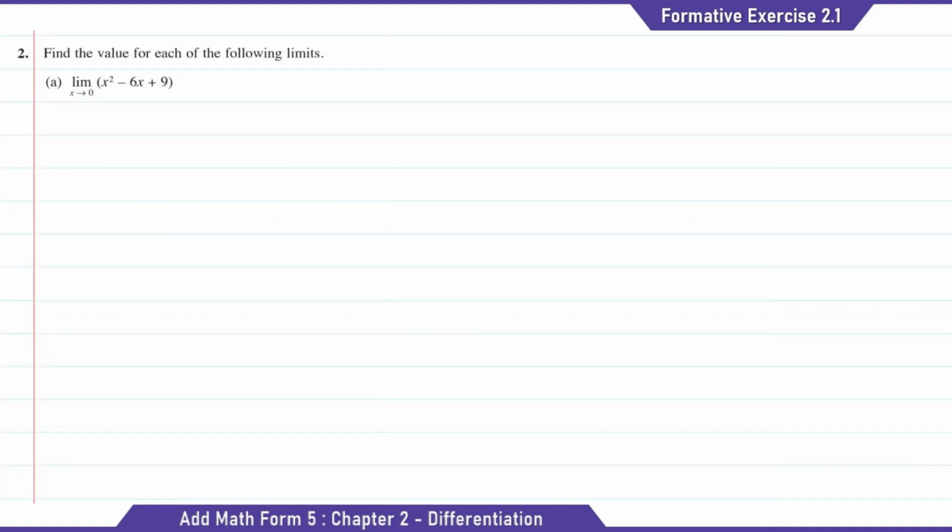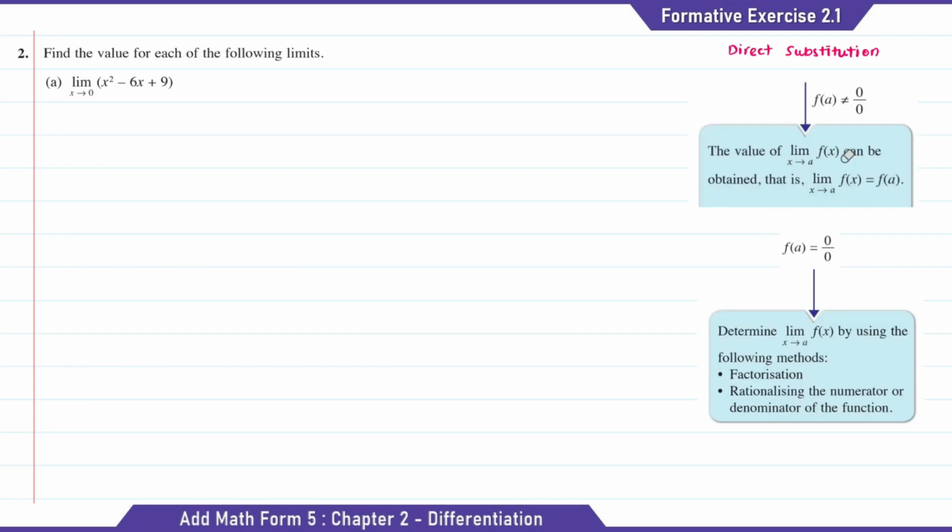Question number 2. Find the value for each of the following limits. So always refer to this when you are finding the value for the limit. So for question A, I'm going to start with the direct substitution. If the answer is not equal to 0 over 0, then that value will be the answer. For question A, here as x approaches 0, then I'm going to substitute the x here with 0.